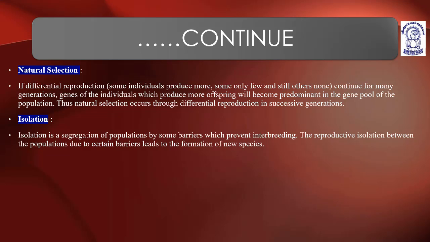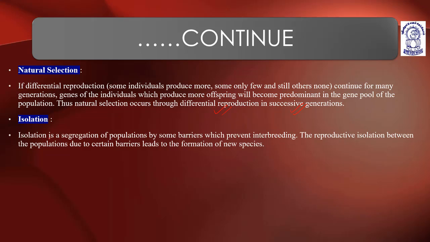Thus, natural selection occurs through differential reproduction in successive generations. That is very important. Differential reproduction means the reproductive capacity of different members of the same group. It basically decides what will come next. Understood?